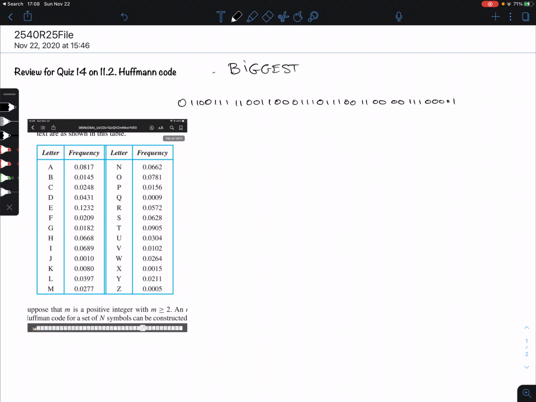It's cumbersome to keep writing these numbers, so what I'm going to do is, first of all, write the frequencies in 10,000s. So instead of 0.0817, I'm just going to write 817 for the first one. I'm not going to look at any leading zeros, because that way I can see better what's going on.